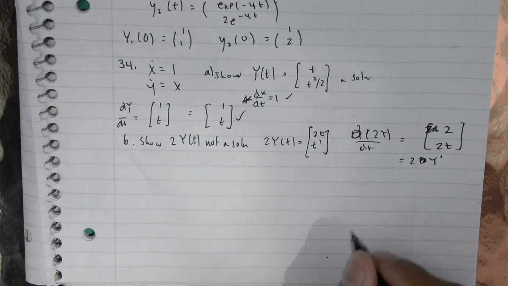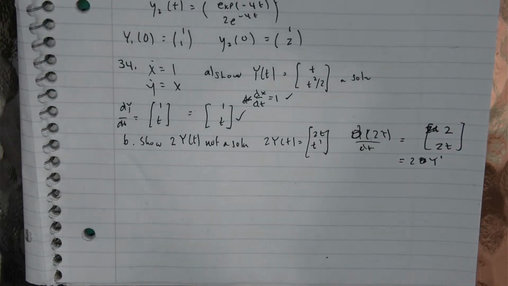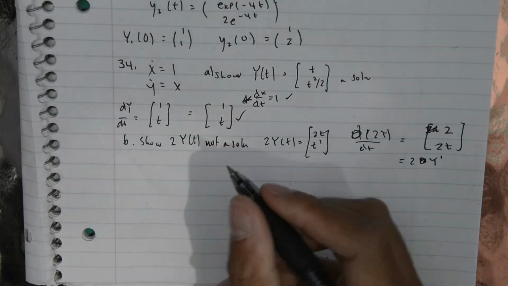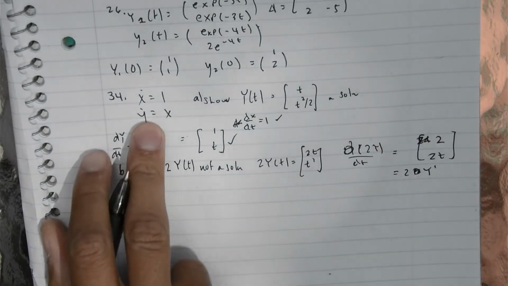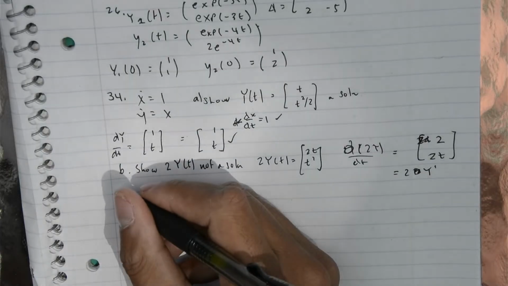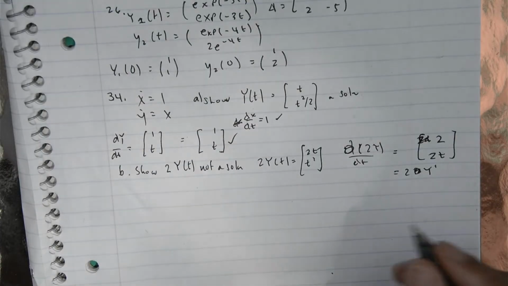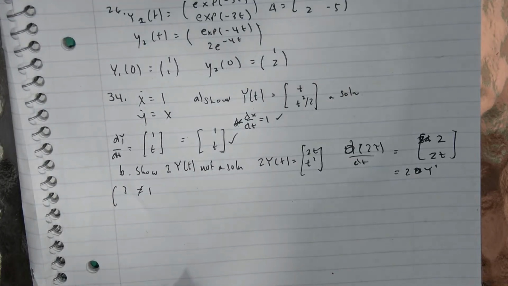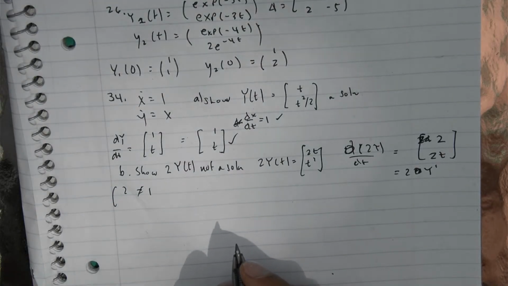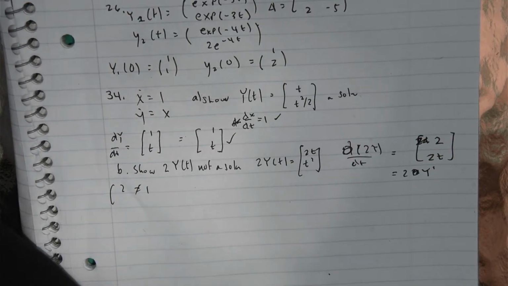Now what we want to show is that this is a solution to this same differential equation. It's not, because 2 is not equal to 1. All right, that's that. And go back.